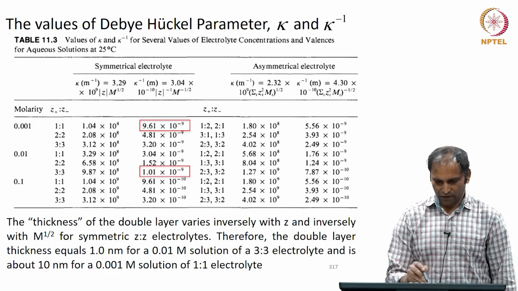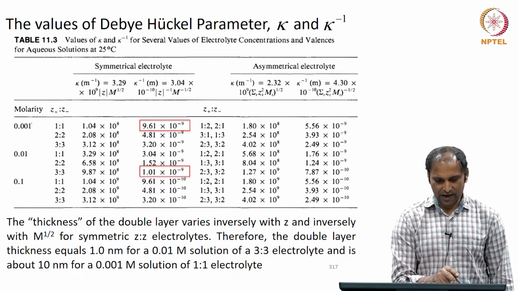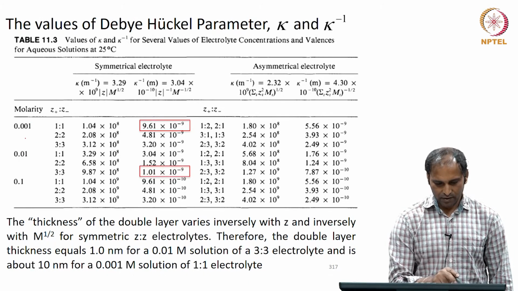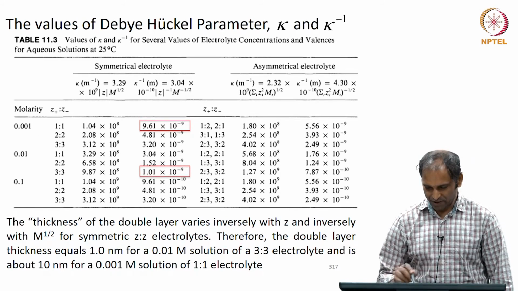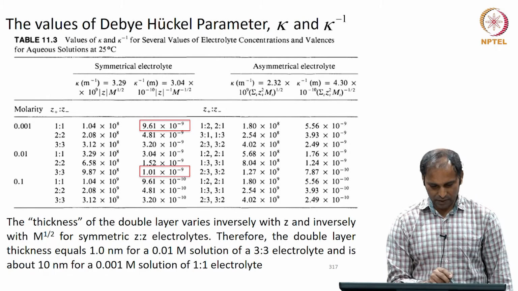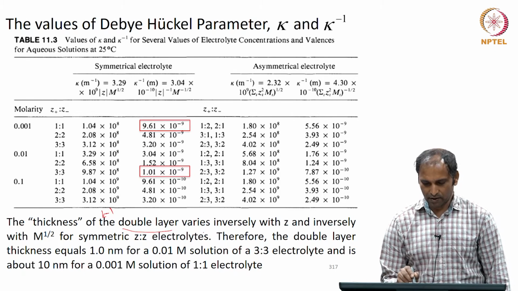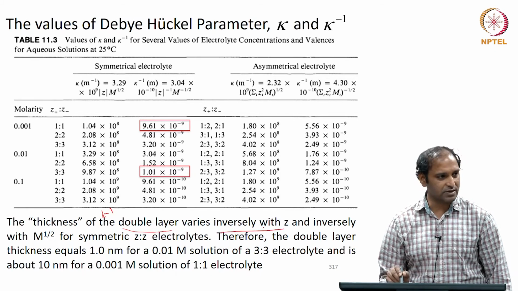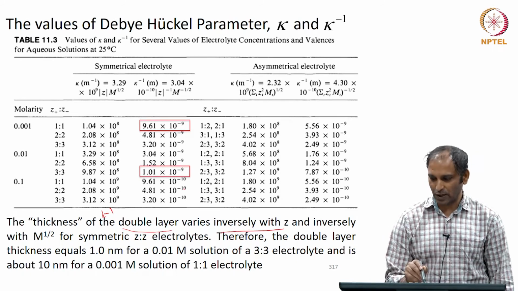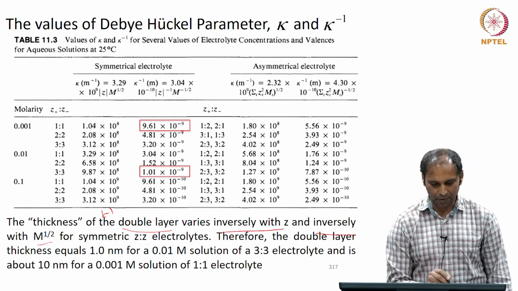So, if you look at these values, some typical numbers are given. This statement we already made: the thickness of the double layer, that is kappa inverse, varies inversely with z, which comes straight away from the expression that you had, and it varies inversely with M to the power half.